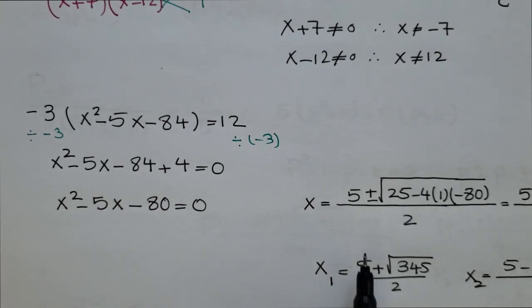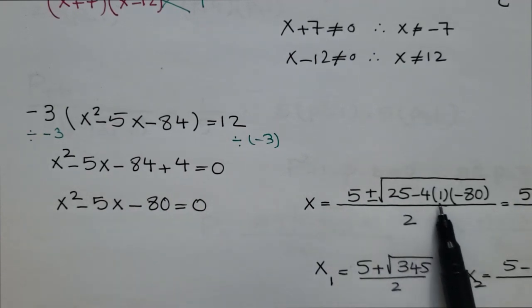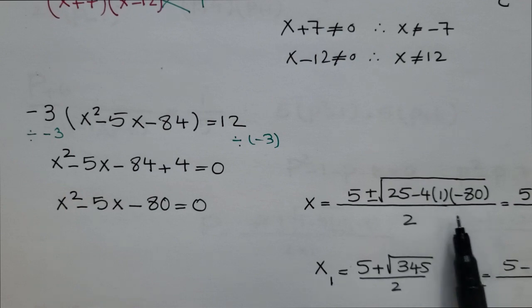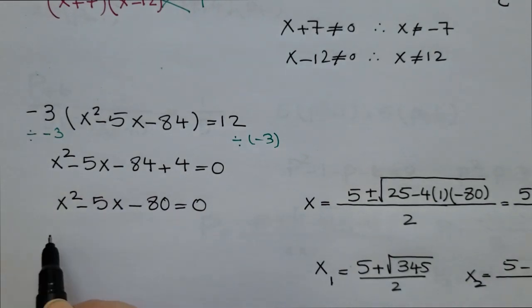The two roots would be negative b plus and minus the square root of b squared minus 4 times ac. Then you substitute in the formula. Your two roots would be either 5 plus or minus, which are different from the NPV values.